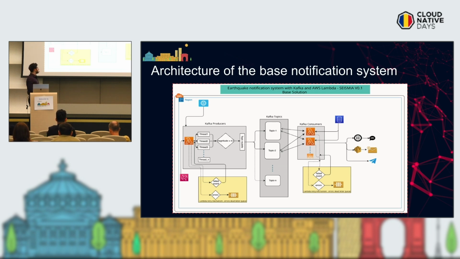This starts a parallelization from the left to the right, where you can see these arrows. Every partition in every topic will trigger a certain Kafka consumer, a certain execution of the code, which will subscribe to a specific user and notify that user. We were aiming to have a magnitude check, but the magnitude could also be provided by that institute.